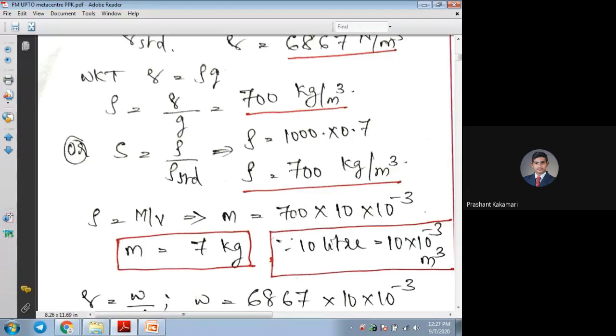Density into volume. So from the relation of density, we know that mass can be found out by multiplying volume and density. So that density is how much? Density is 700 kg per meter cube, already we have found out. Then we need to find out 10 liters of oil, and for meter cube you have to again multiply with 10 raised to minus 3.